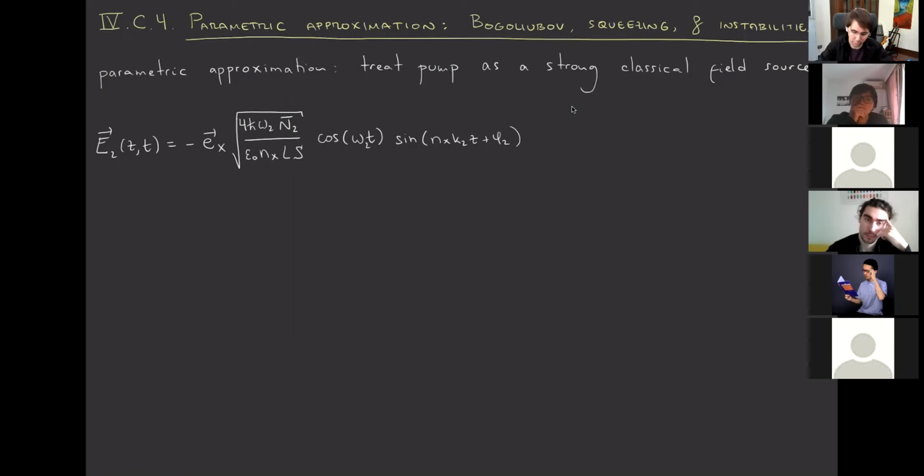So it's just a way of parameterizing the amplitude N2. Okay, so N2 is assumed to be a very large number, so billions of photons, such that this is a classical field.